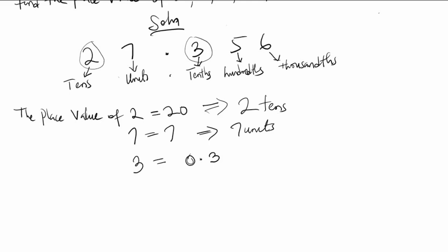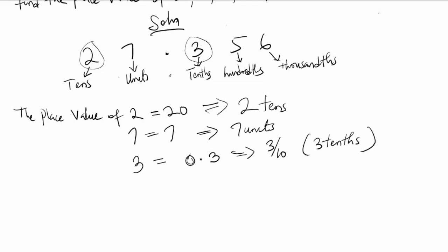Every other thing at this side becomes 0. There's no point putting 0, 0. Everything at this right hand side becomes 0.3. Even if you put 0, 0, it does not matter. It's insignificant. So this is the same thing as 3 over 10, which is 3 tenths.